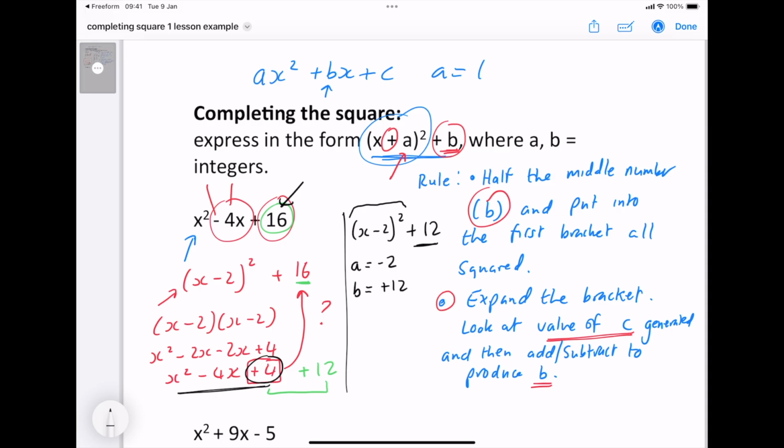What have I done? I halved the middle number, the original b value then in the general expression for a quadratic. And then I've expanded the bracket out. And then I've looked at the c term generated, this last one there, which is what I was referring to here. And then I decide, do I need to add or subtract the number to get back to this original value in the quadratic?